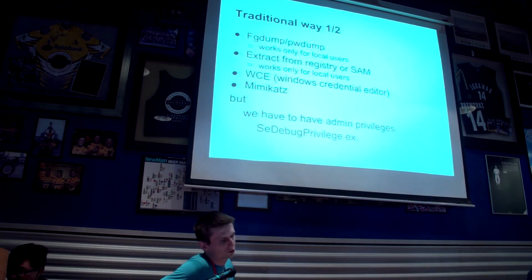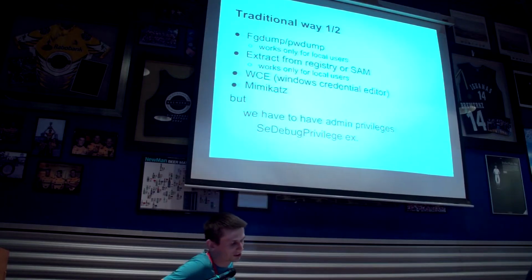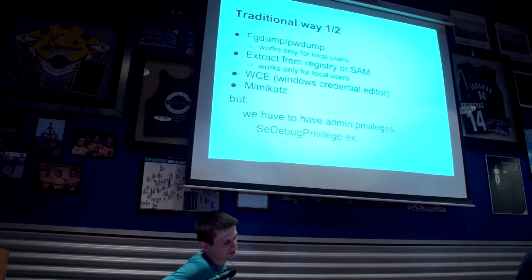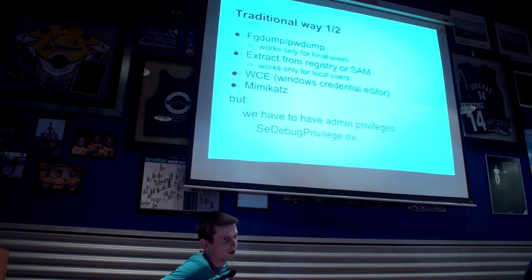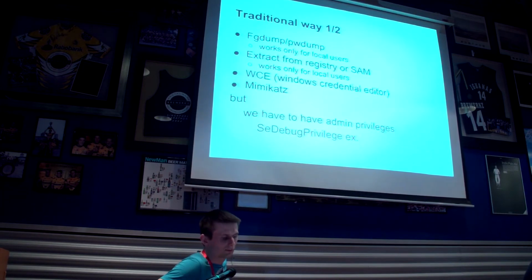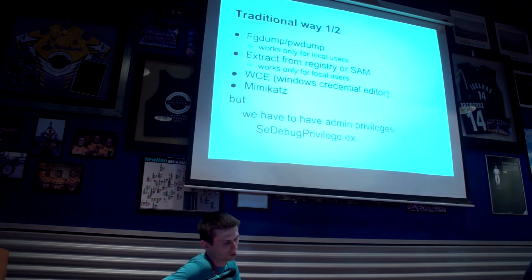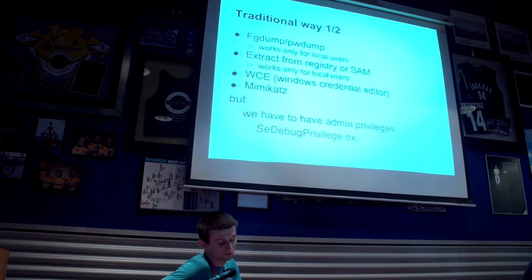So the traditional way to extract the current user's password is to use favorite tools like Windows Credentials Editor or Mimikatz, or, I don't know, pwdump. But the sad part is that you still need system level privileges to connect, for example, to system processes, or to grab some system files.